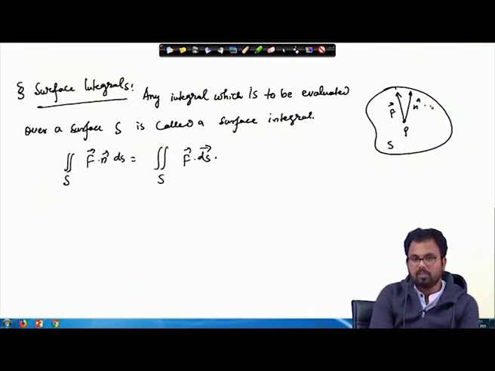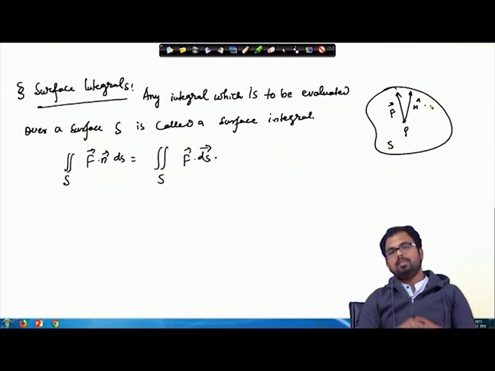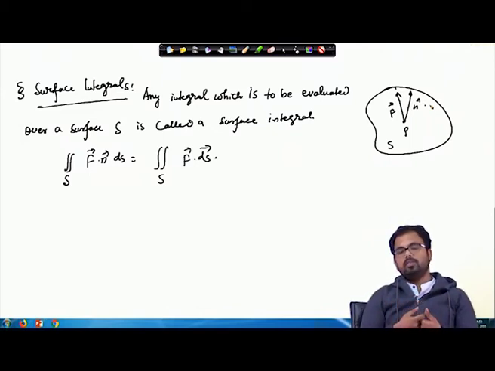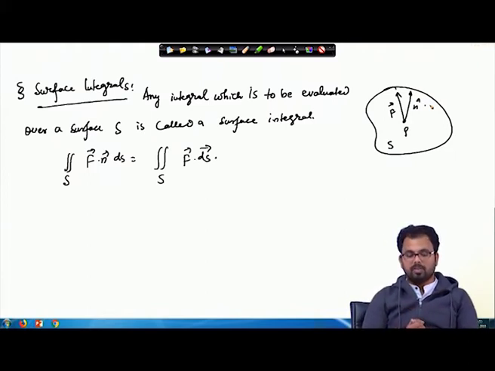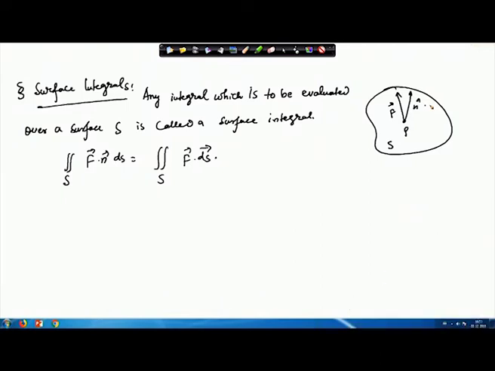So the integral of the function f dot n over the surface S is given in this fashion. This is just a notation. When you are given a vector function, from there you have to calculate the normal n, so that you can evaluate this surface integral of f dot n dS.